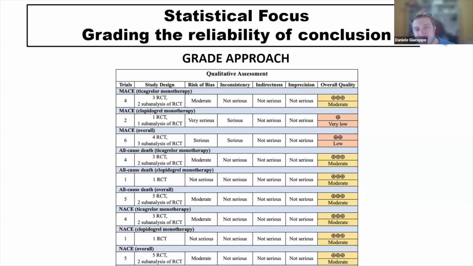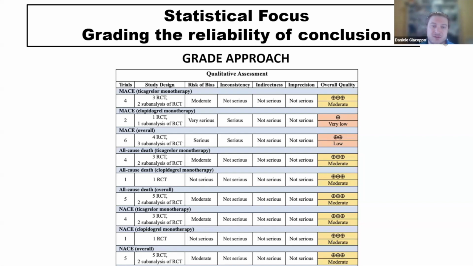And finally, we have the GRADE approach, which is something developed in the last, I would say, 15, 20 years, and is growing in spread and application in different fields of the reviews, including meta-analysis.